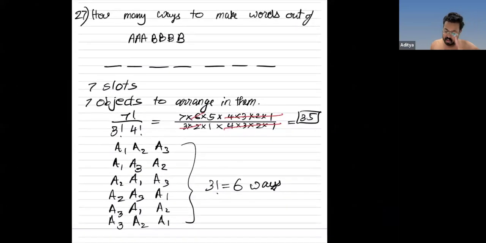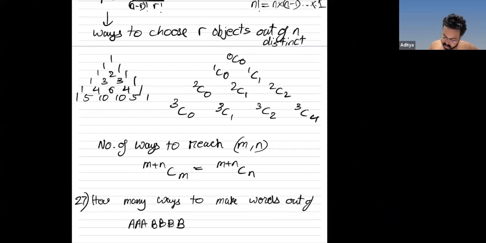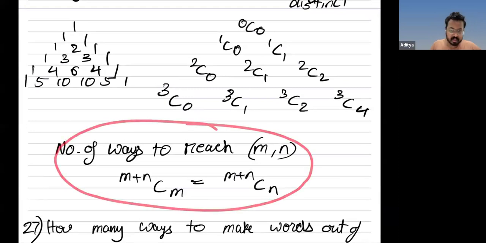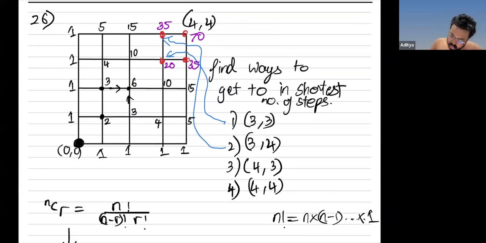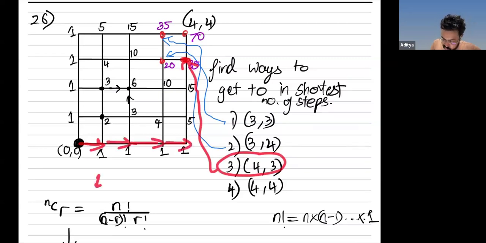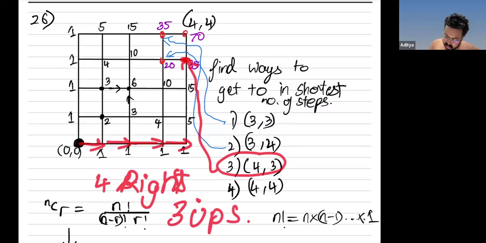Okay. So now I would urge you to go back to 26th problem. Here I gave you the solution and how to figure it out, but most of you were not able to understand it. No problem. Think about it. If you want to reach the point 4 comma 3, this particular point, then you have to take 4 rights and 3 ups, correct?